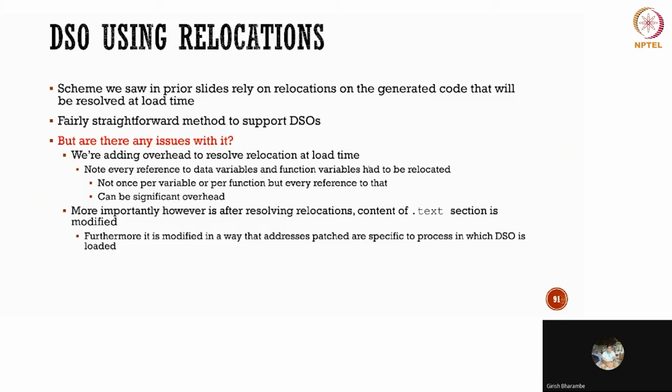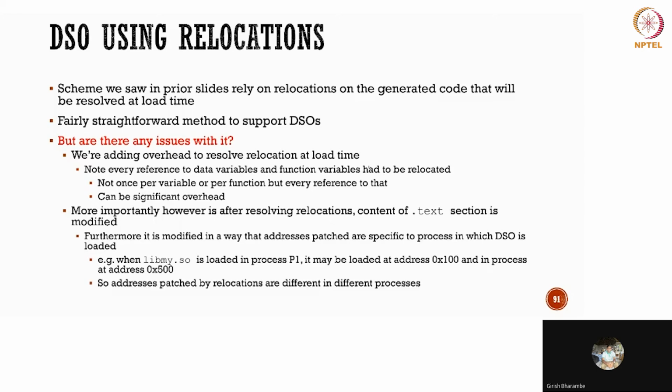So I lost my ability to share the code. I have the same problem I had with static libraries: if a static library is linked to one exe, then another exe, and another, each of them has a separate copy of that code. One of the things shared libraries want to do, and the reason they exist, is to share this code at runtime.